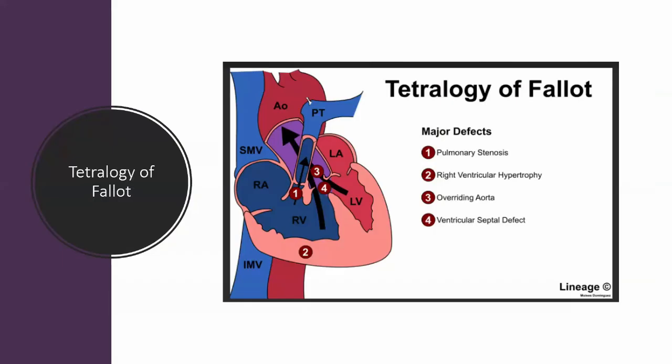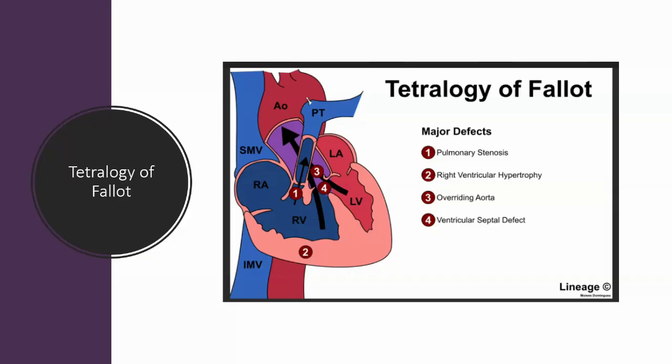But from a physiological point of view, TOF requires only two abnormalities actually. So just a VSD large enough to equalize systolic pressures in both ventricles, and a stenosis of the right ventricular outflow tract in the form of infundibular stenosis, valvular stenosis, or both.